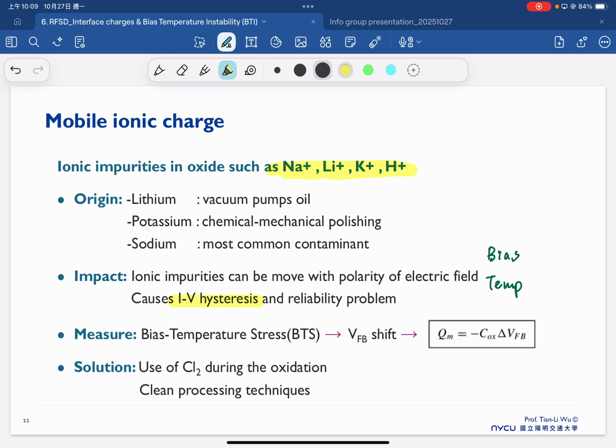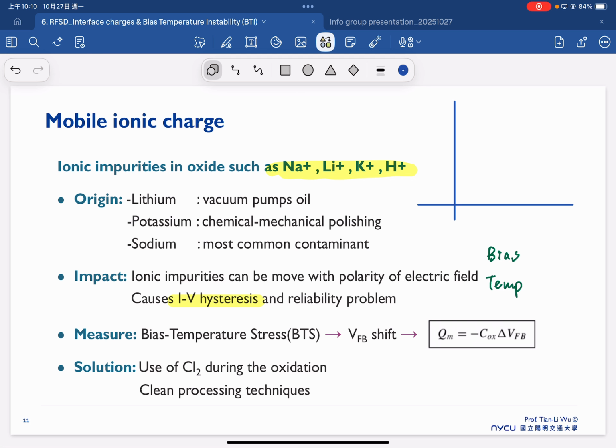So what does IV hysteresis mean? When we talk about the interface charge or BTI, we actually prefer to look at the ID-VG characteristic. But what we are actually interested in is this double sweep.